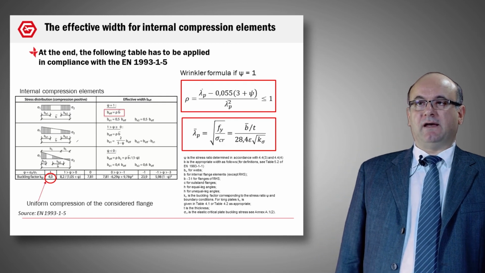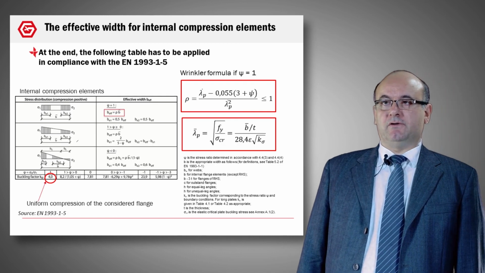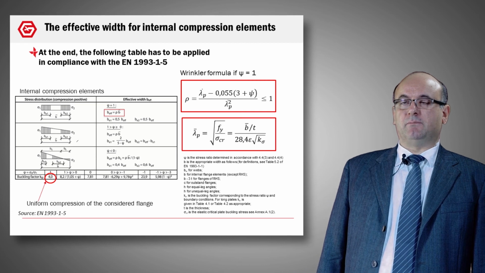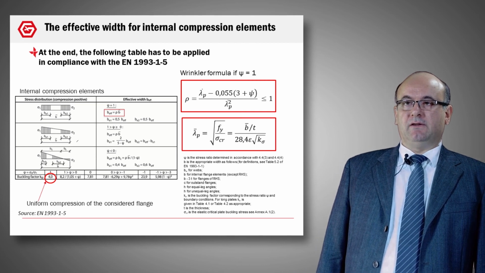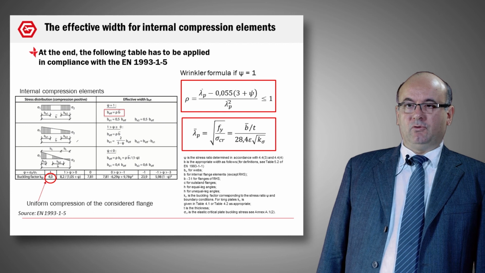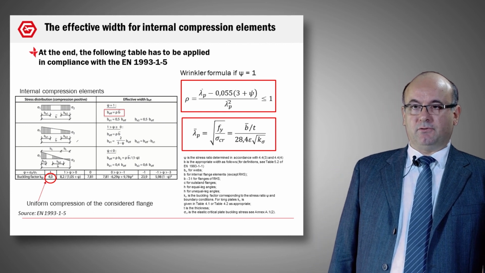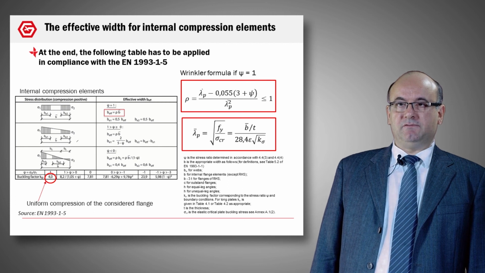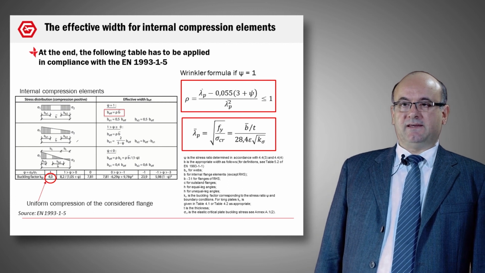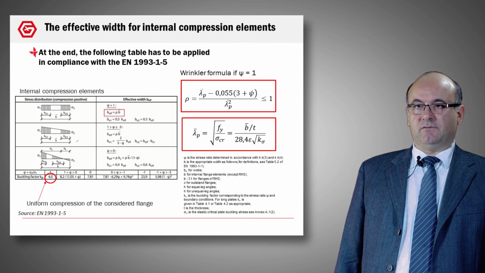Okay, now we arrive at the expressions that are given in the Eurocode 1993 part 1.5. You can watch the table. You can see first that at the bottom we have a value of K sigma, that is 4 if the stress distribution is uniform. This case is treated in the first line of the table.